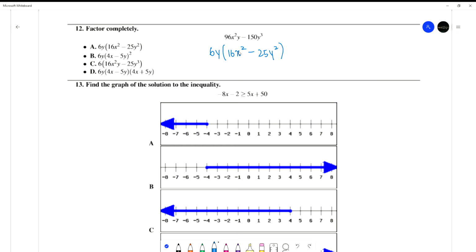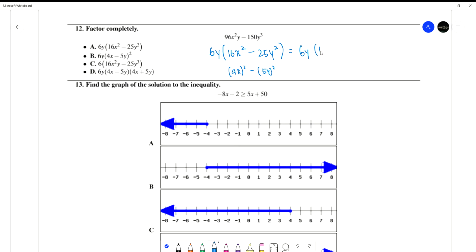See, this is a difference of squares here, right? 16x squared minus 25y squared. So that's the same thing as looking at it as 4x quantity squared minus 5y quantity squared, right? That's your something squared minus something else squared. So this factors further, right?